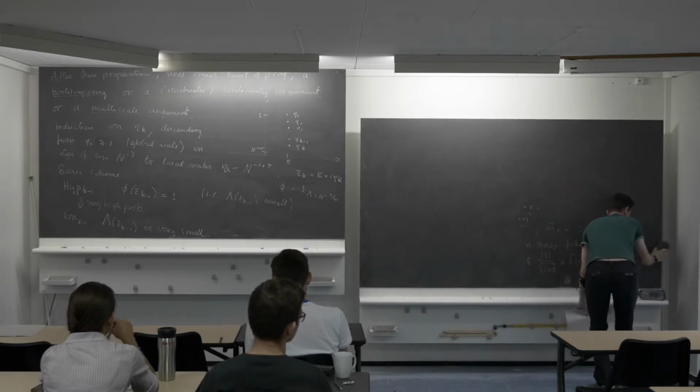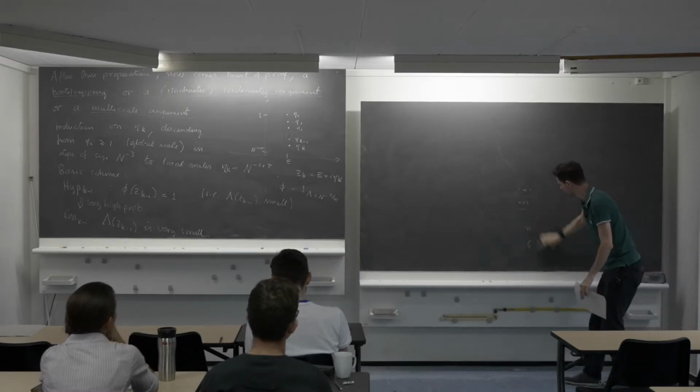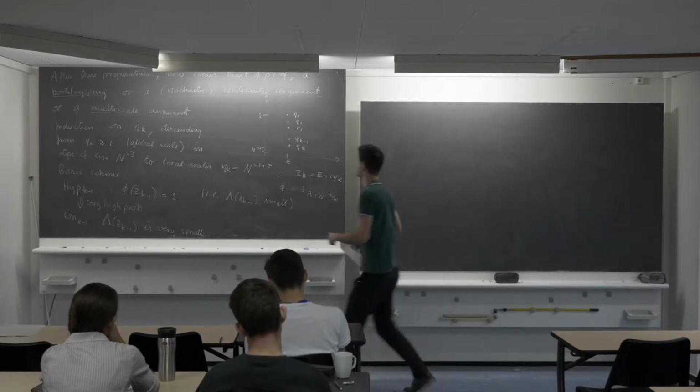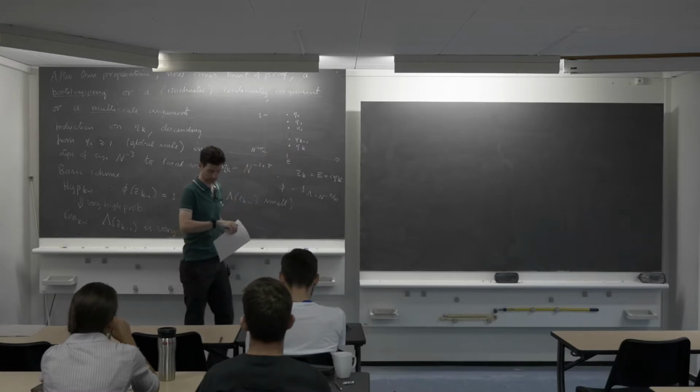So that's where continuity enters the game. Continuity is crucial, otherwise, if your things are not continuous, then there's nothing you can deduce about what's going on here from what's going on here.